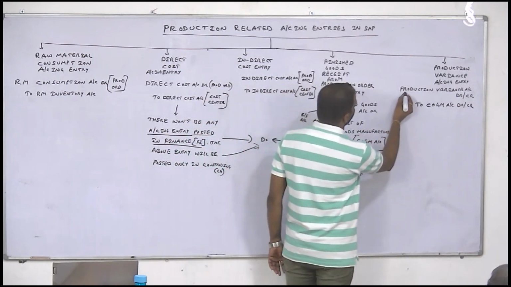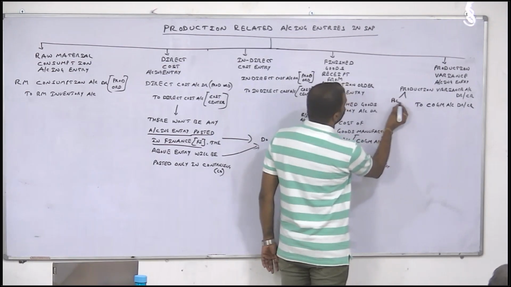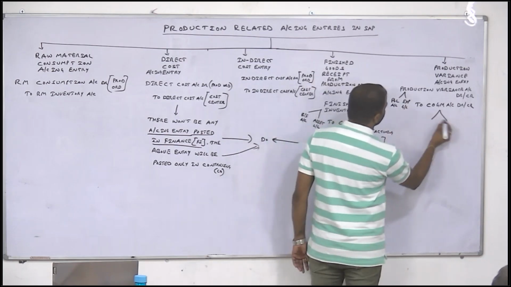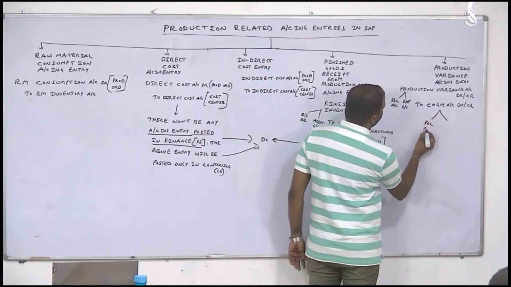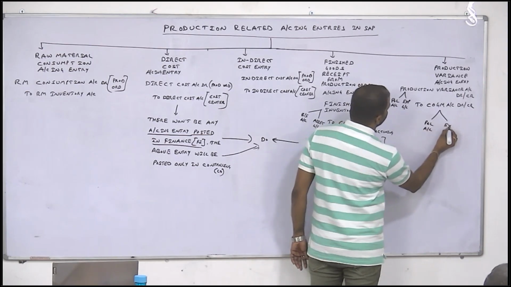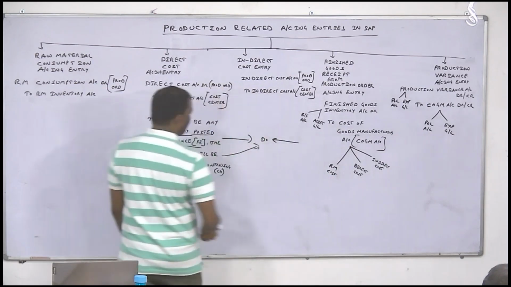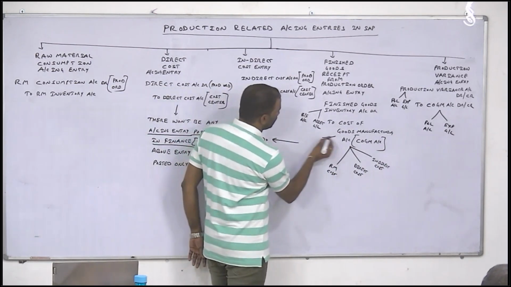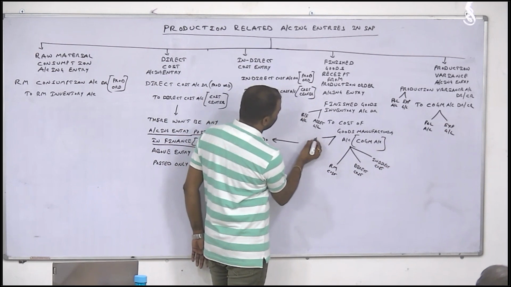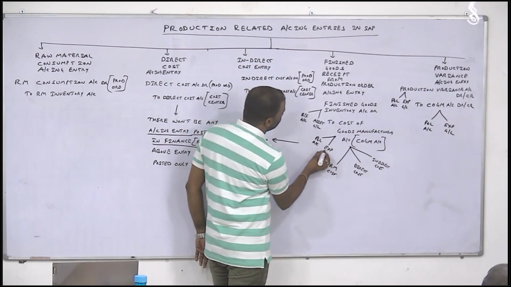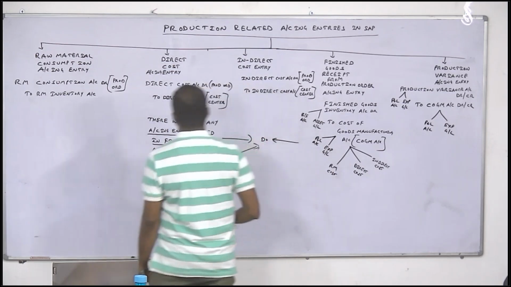This production variance account is a P&L account, and this COGM account also is a P&L account, and it is expenses.